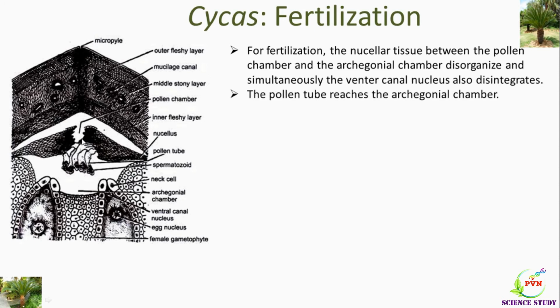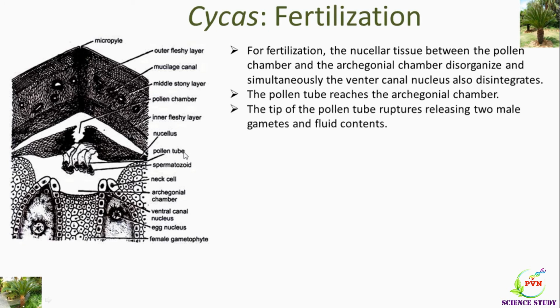Now the pollen tube reaches the archegonial chamber. The pollen grains present in the pollen chamber are transferred towards the archegonium by formation of a tube, and this tube is known as the pollen tube. The tip of the pollen tube ruptures, releasing two male gametes and the fluid contents.